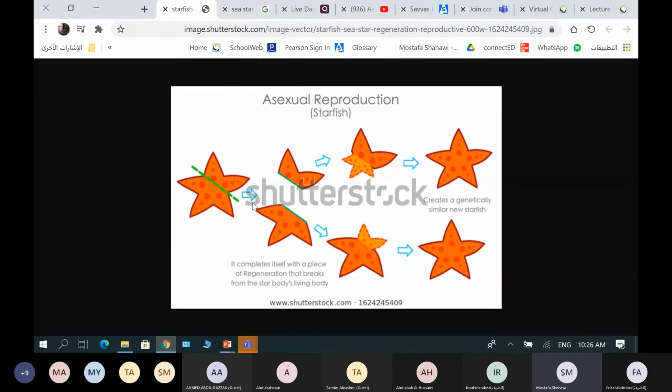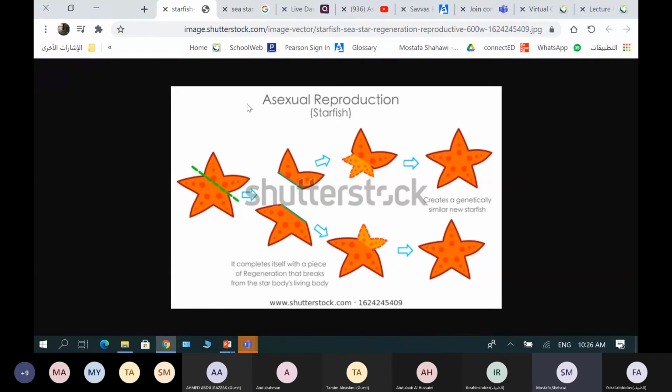If we cut it from the middle with one arm or two arms, anyone you cut, this one will grow to form a complete sea star, and this one will form a complete sea star. This new sea star is identical to the parent. Not two arms, maybe one arm with part of the disc here will form a complete sea star.